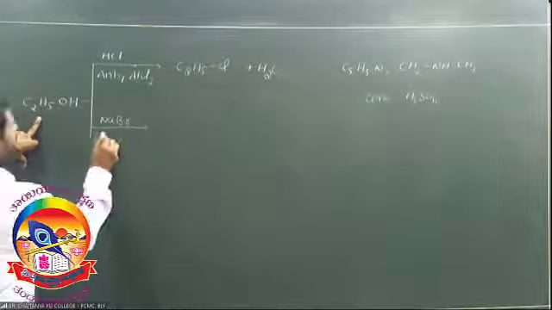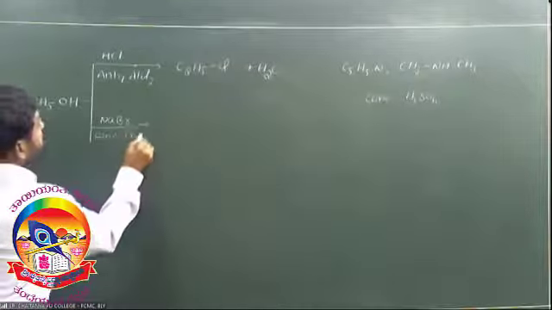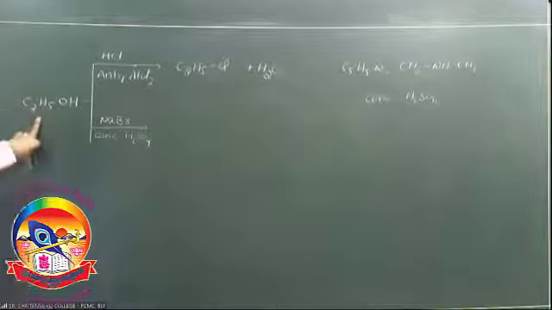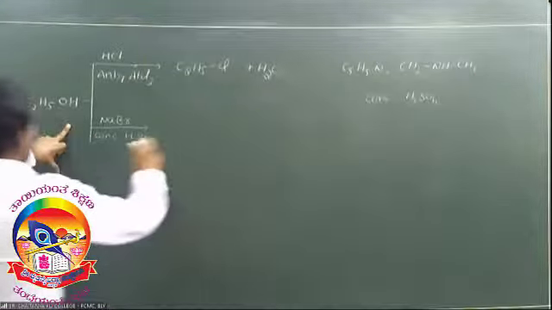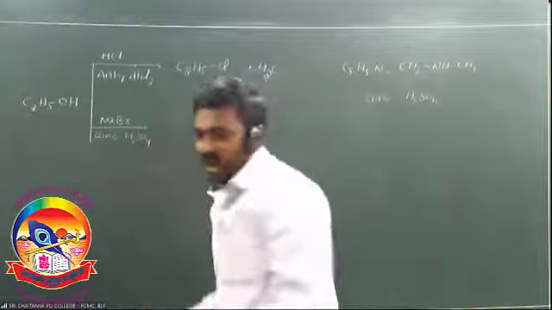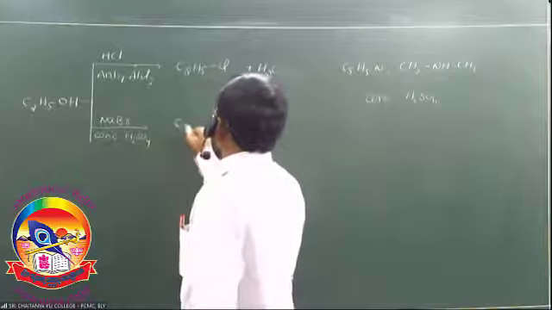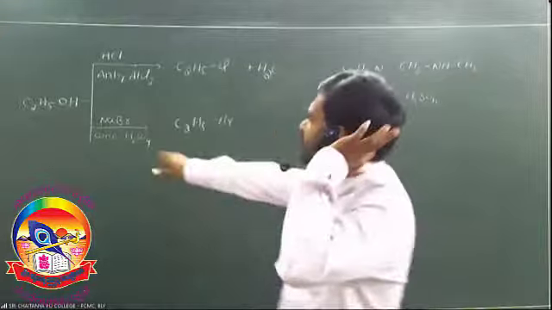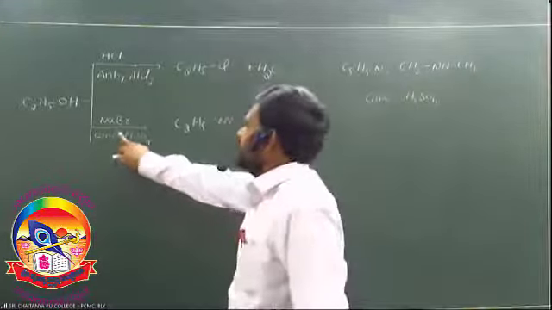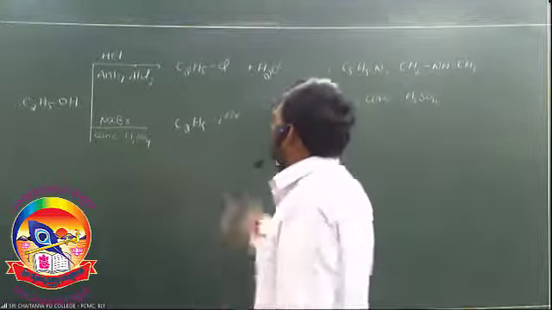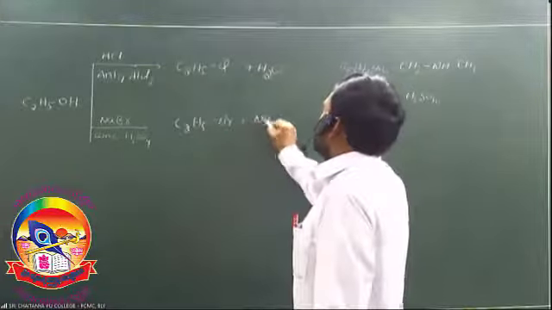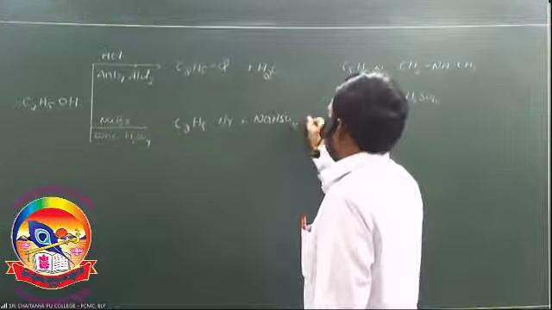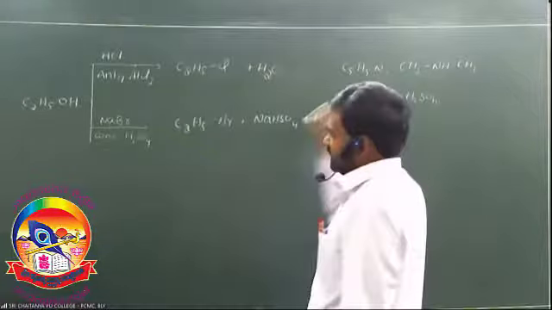The product formed is ethyl bromide, C2H5Br. Sulfuric acid acts as a dehydrating agent. Sodium bisulfate, NaHSO4, and water are the byproducts.